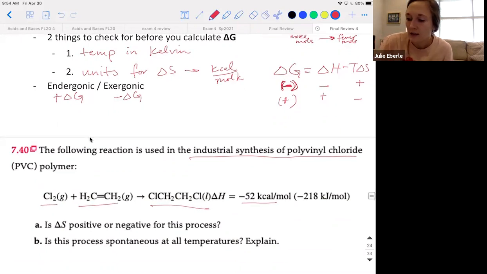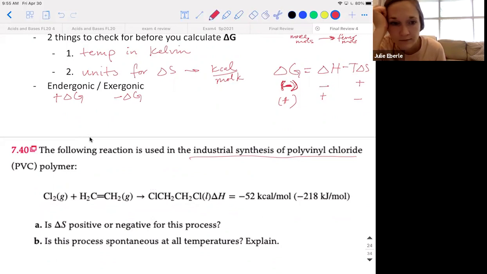Is delta S positive or negative? Let me erase my scribble. Is delta S positive or negative? What do y'all think? Nobody wants to guess.